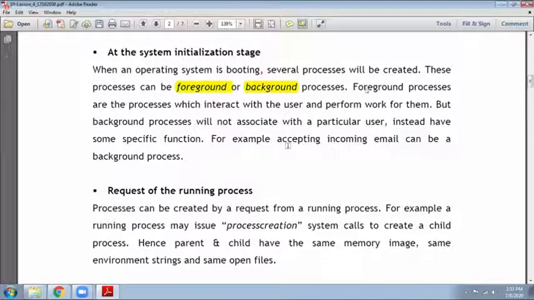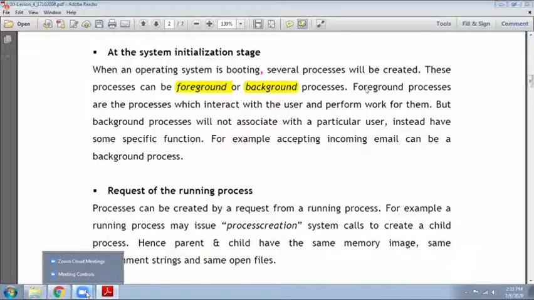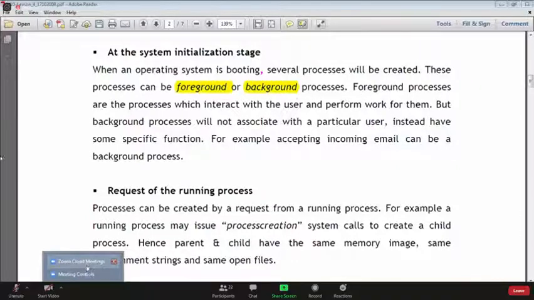Can you see the highlighting on your shared screen? Can you see it? Can or not? Yes or no? Yes, sir, we can see the highlights.